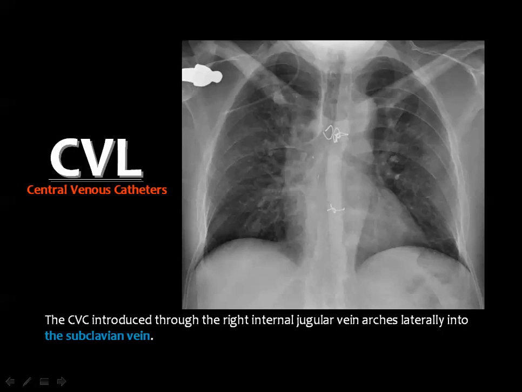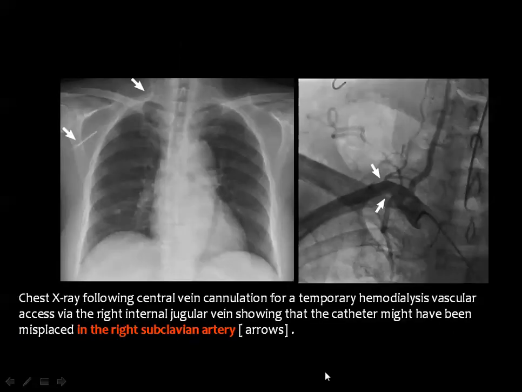And this is the central venous catheter that goes into the subclavian vein back to the axillary vein. And this is a wrong, mistaken left subclavian artery.